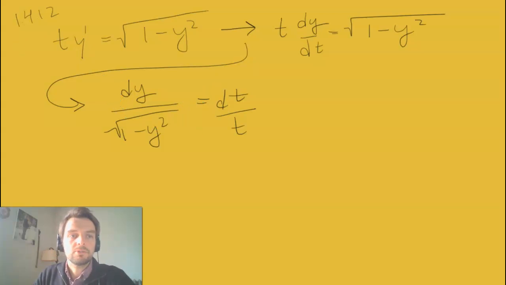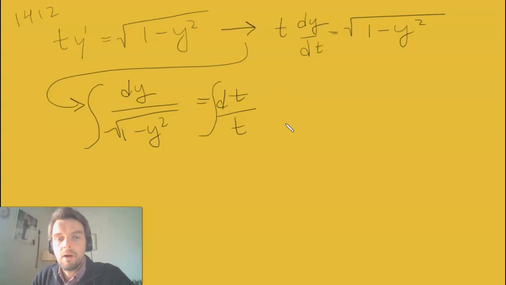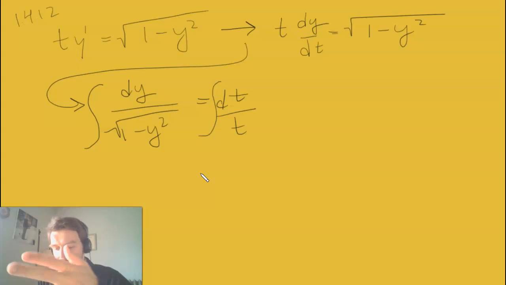So what we need to introduce then is some sort of integral onto both sides. So we're going to integrate and then find things in terms of y's and t's, and then do some algebra to get y in terms of t.